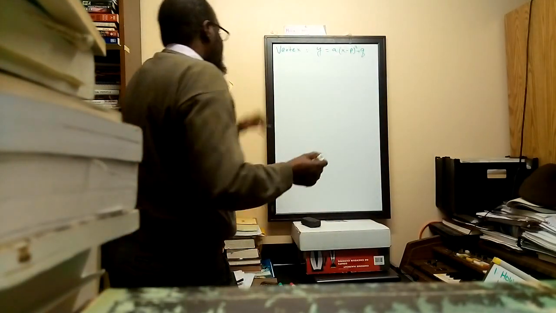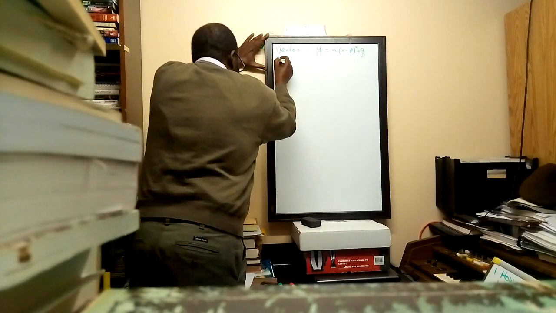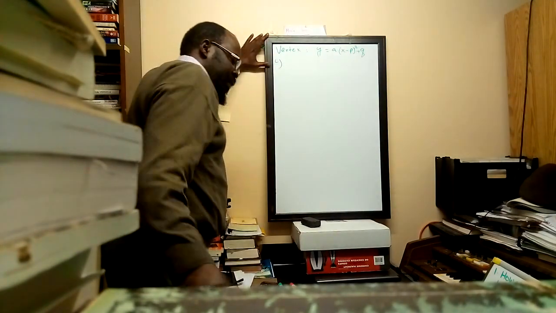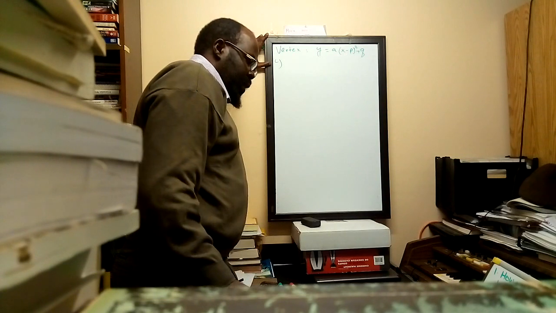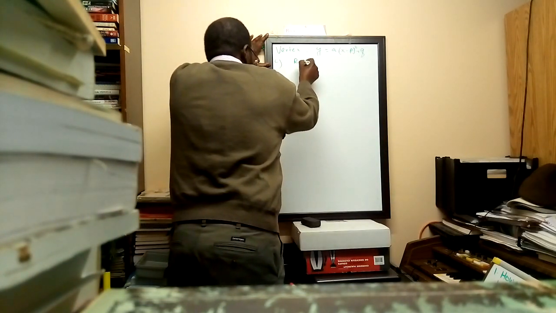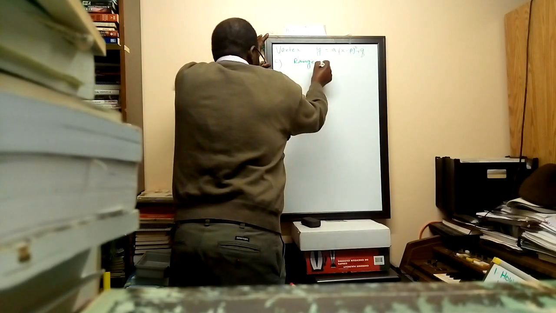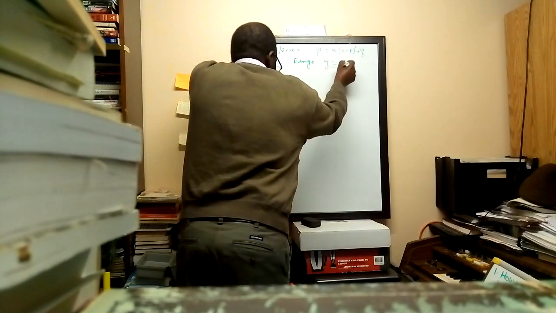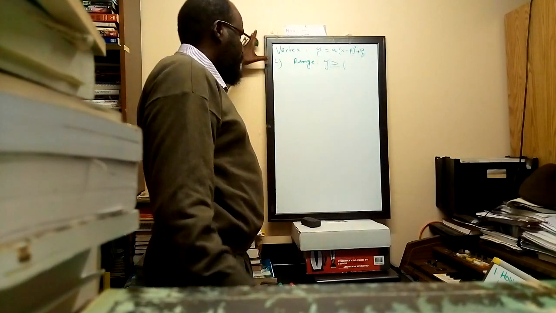So our next problem is C. What information is given to us is a quadratic function with range. Range equal y. So that's the only information given to us.